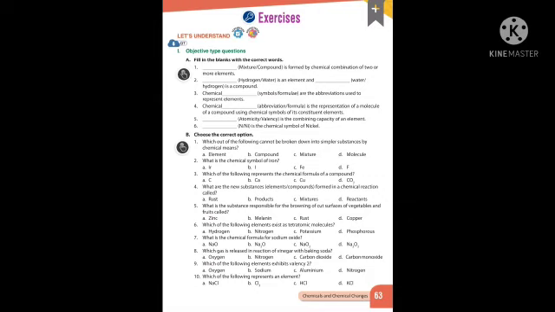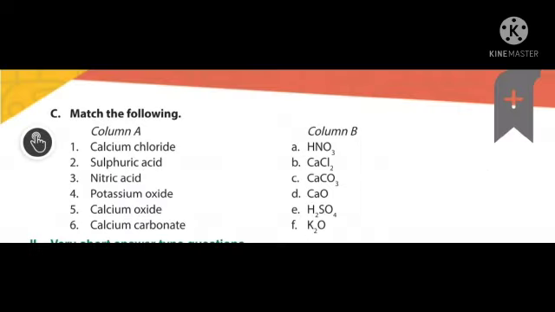Sulfuric acid, which one do you want to join? Sulfuric acid means H2SO4. Then the third question is nitric acid. Nitrogen will be there. So what is the compound formula? HNO3.